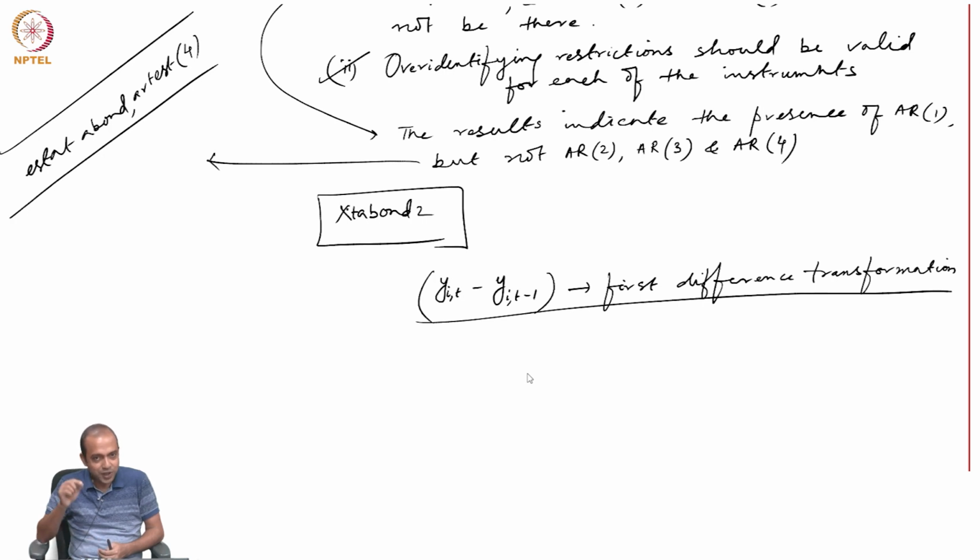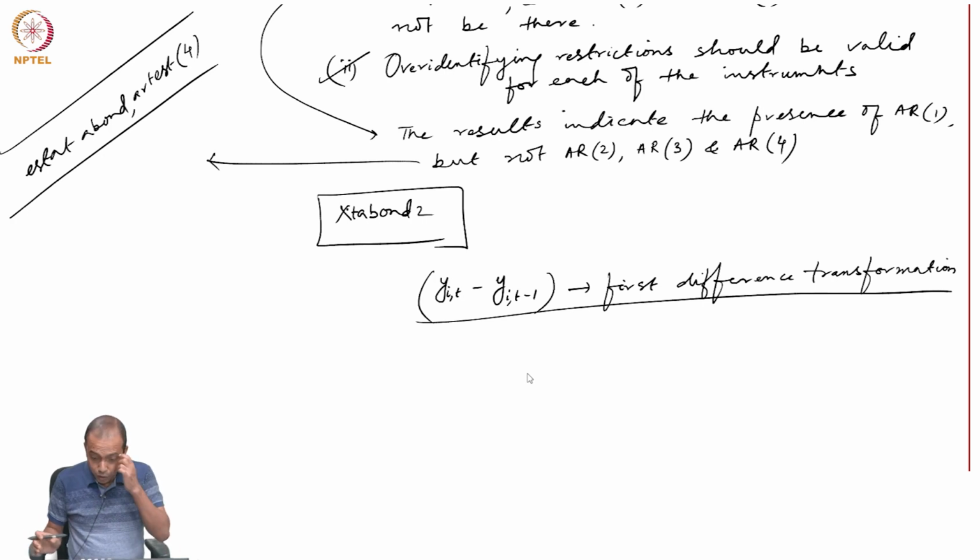So first difference transformation, if we apply in an unbalanced panel, basically magnifies the gap, because delta y_it+1 will be missing, because y_it itself is missing.